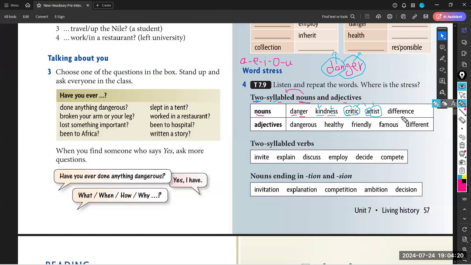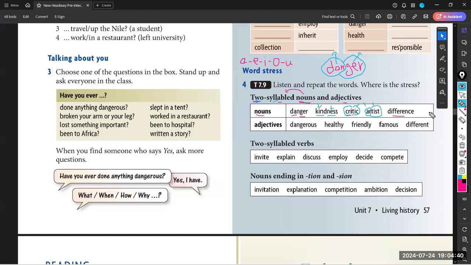Can you tell me, Jamila? Tell me the three syllables. We have more than one vowel. Jamila, it's not about the letters, it's about the pronunciation. I mean, how can you read this word?